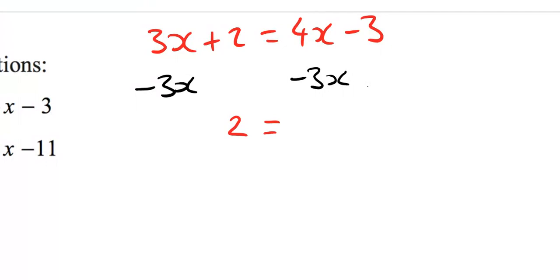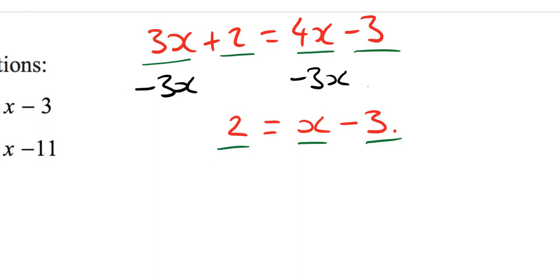On the right, I'm going to have just an x because I've got 4 x's and I'm taking away 3 x's. So that's going to leave me with 1x, and I've still got that minus 3 there. What you can see has happened here is I started off with 4 terms and now I've only got 3 terms. It's reduced the equation and made it a bit simpler.